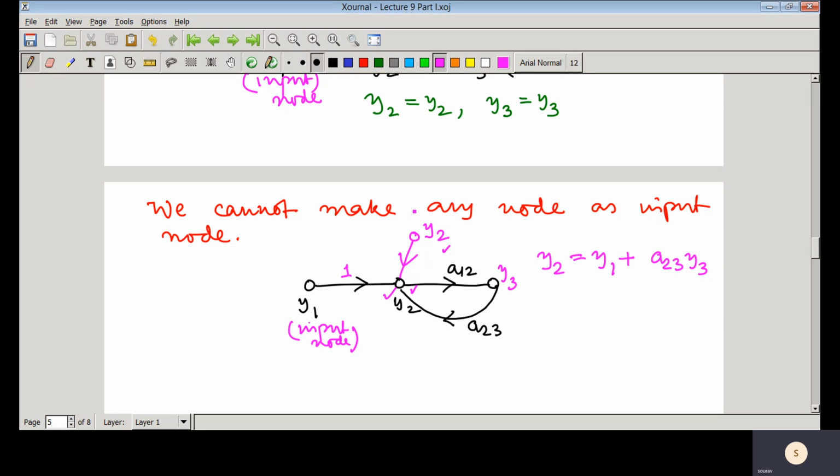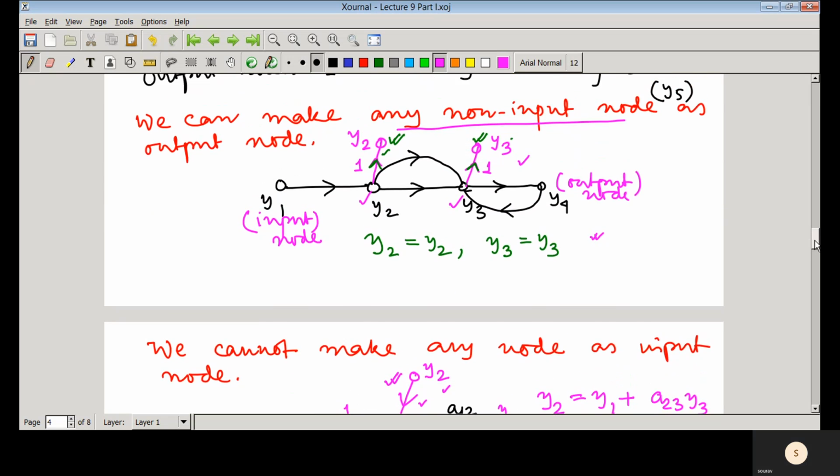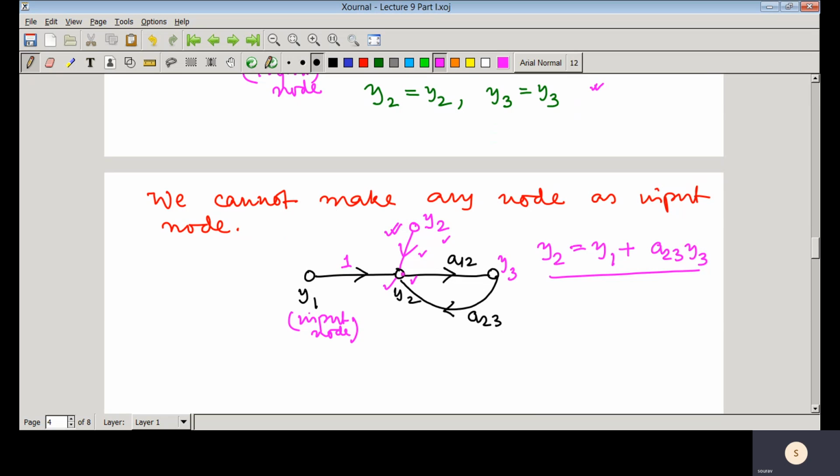So before adding this branch, we had this algebraic equation. Now once we add this branch, that means if we follow the same technique as in the case of output node, then what happens?